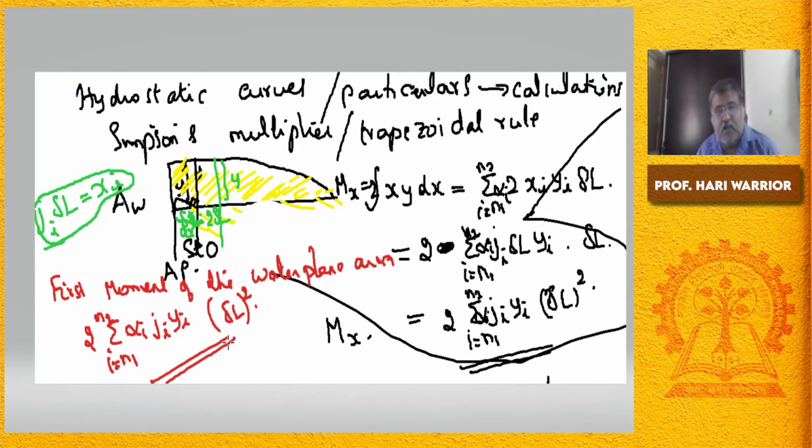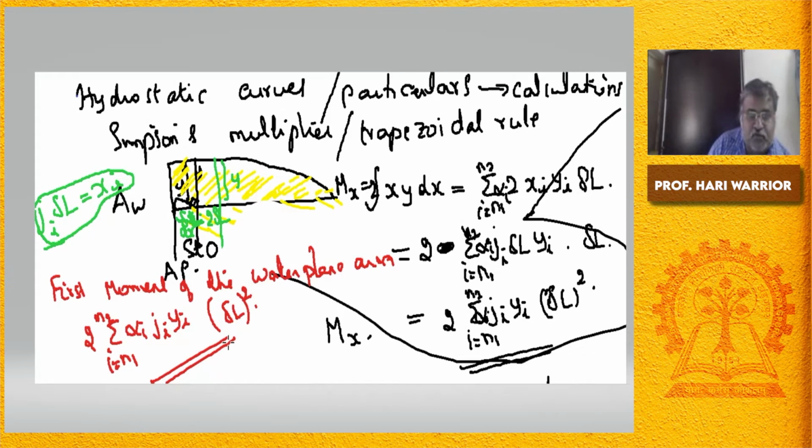This is mx. Now, you have the first moment of the water plane area and you have the area of the water plane. Therefore, the next thing you can find out is the centroid of the water plane area. The centroid of the water plane area would be the first moment of the water plane area divided by the area of the water plane.